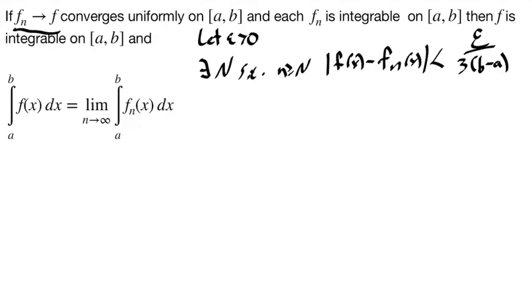The 3 comes from a similar estimate that we did last time, and b minus a is the length of the interval, because as we start adding these together, we're going to get an interval together.